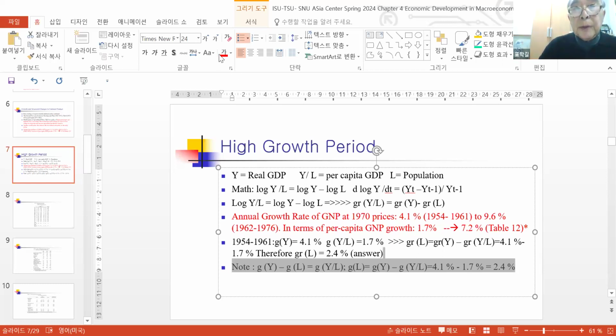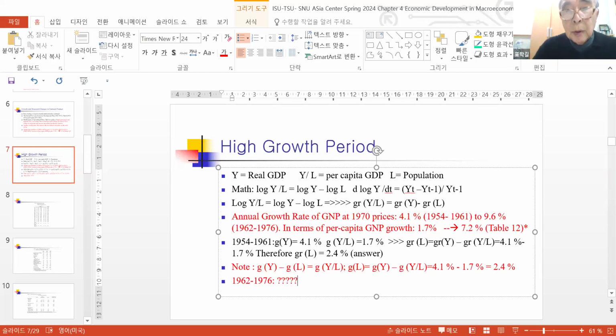Now I'm asking you, go back home and try to conduct similar work for 1962 to 1976. GY increased 9.6%.